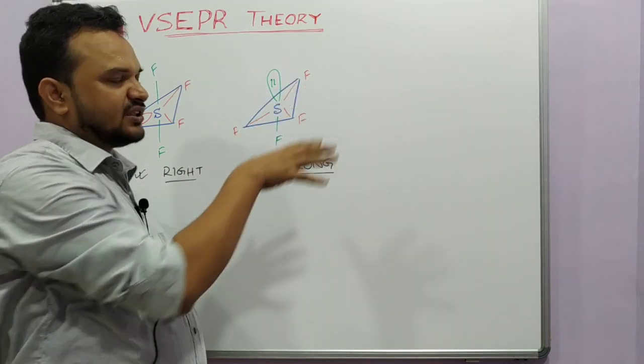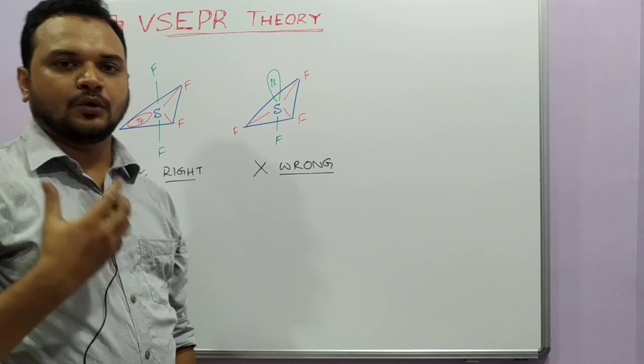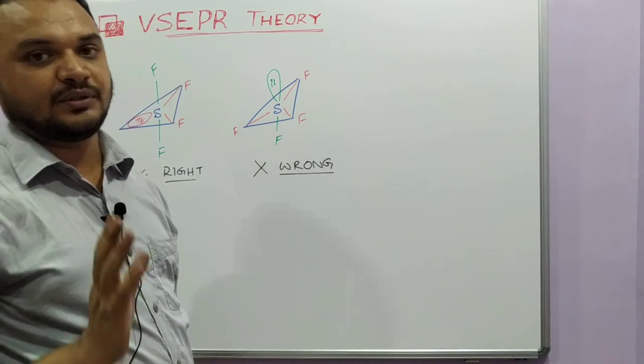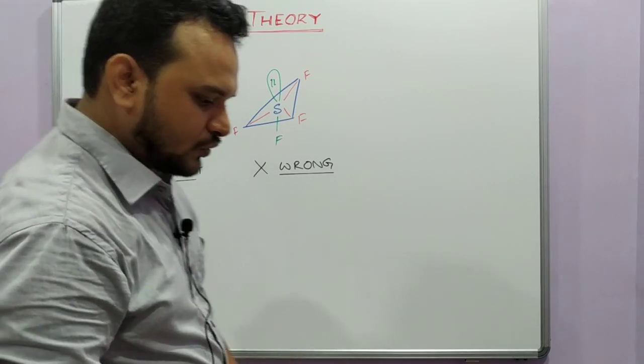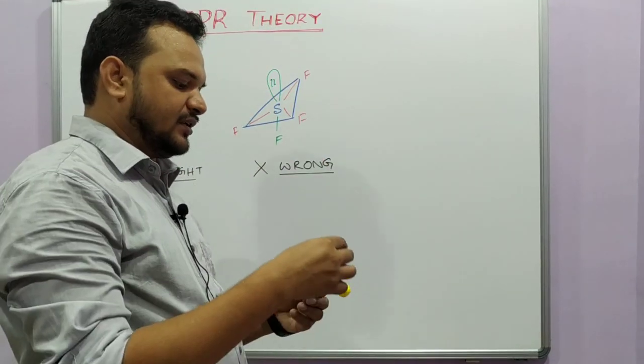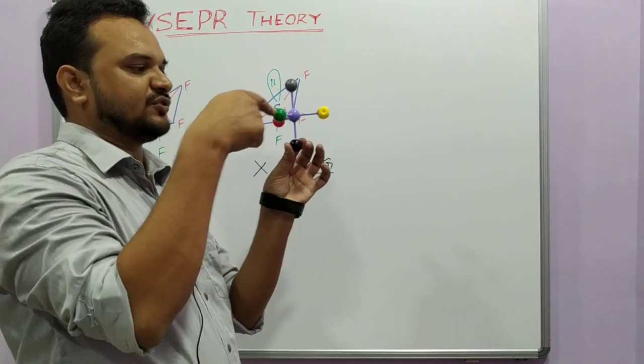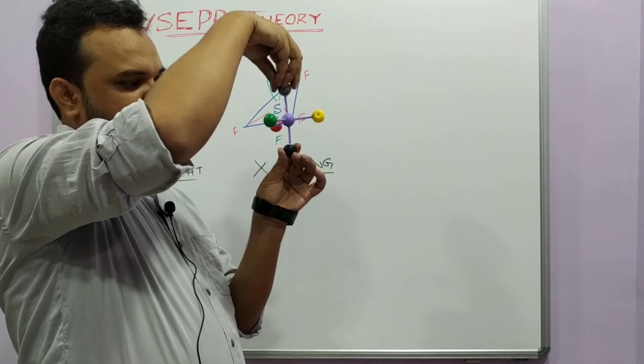Now, from this discussion of VSEPR 3, you know that the molecule possesses that geometry where the net repulsive force is minimum. So if you just see this trigonal bipyramidal geometry, this is the trigonal plane, and these two are the axial positions.